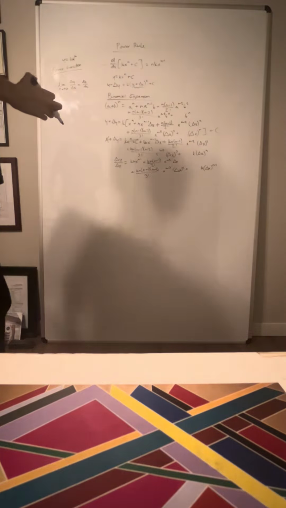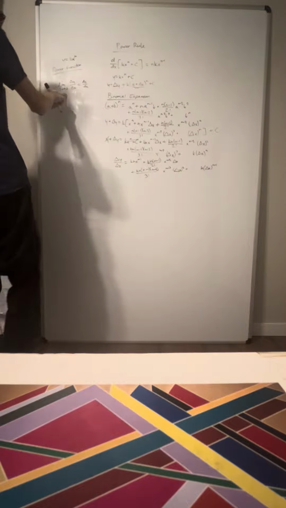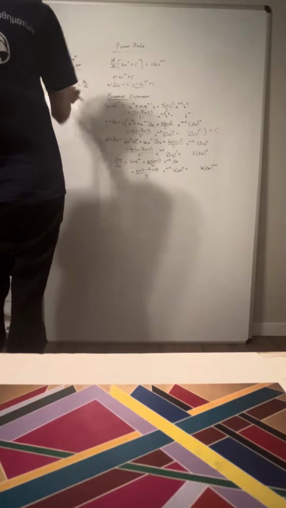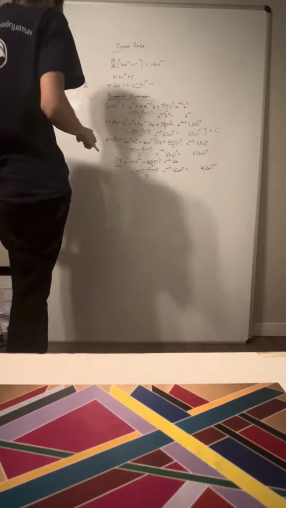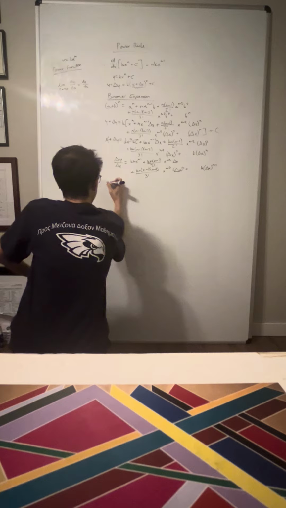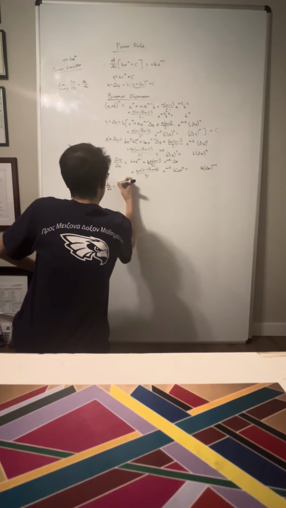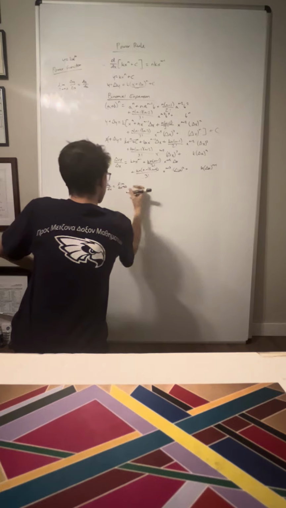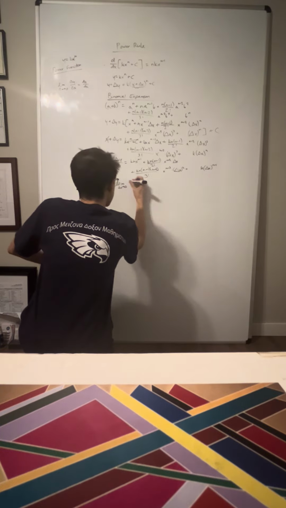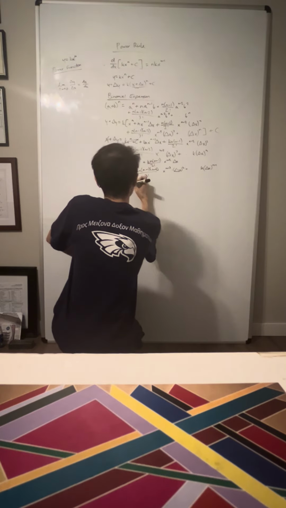So now we have to take this part up here in order to find what our dy dx is. So now we're going to say dy dx equals the limit as delta x approaches 0 of this entire piece. So just copy this part down.